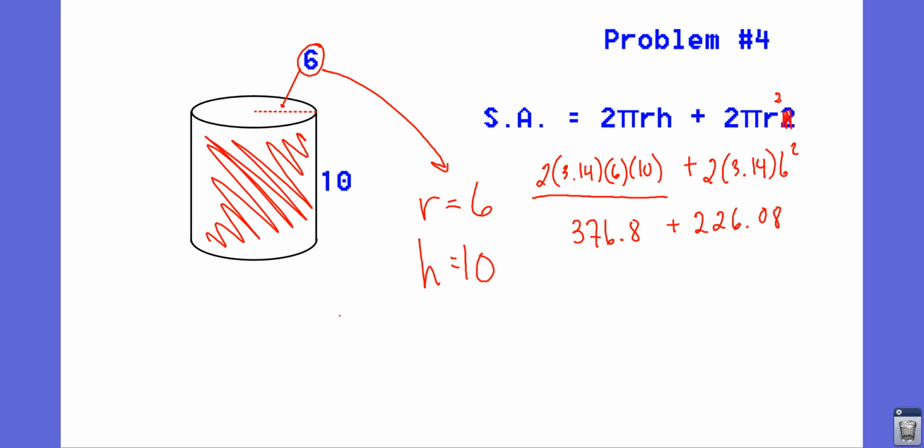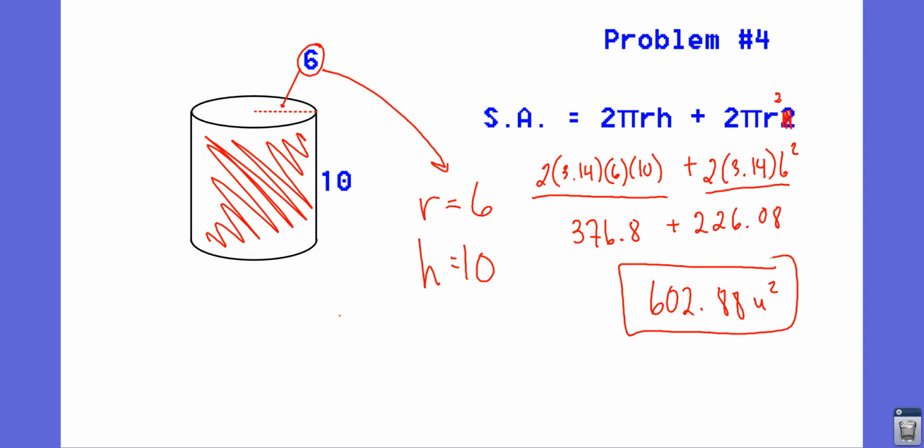I'm going through the same process as what I'm telling you to do because it's the only way you can do it. Plus 376.8 gives you a total of 602.88. And if you wanted to round that, you could go to 602.9 or 603. But typically when you're dealing with pi, you want to go out to the hundredths place at least. That's where you're going to be expected to go, the second decimal place.